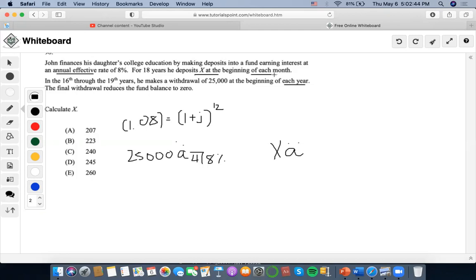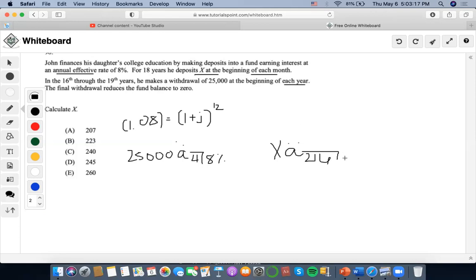Monthly, right? So 12 times 18 is 216. Now we have to get the monthly rate, so it'll be 1.08 to the 1 over 12, minus 1, right?